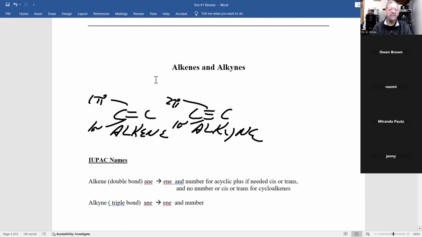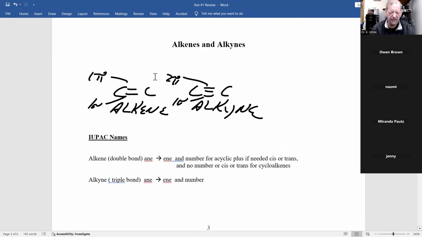All right. Now, next chapter or area, we talked about the alkenes, which are carbon-carbon double bonds shown by two lines, and the alkynes, a triple bond shown by three lines between two carbons.